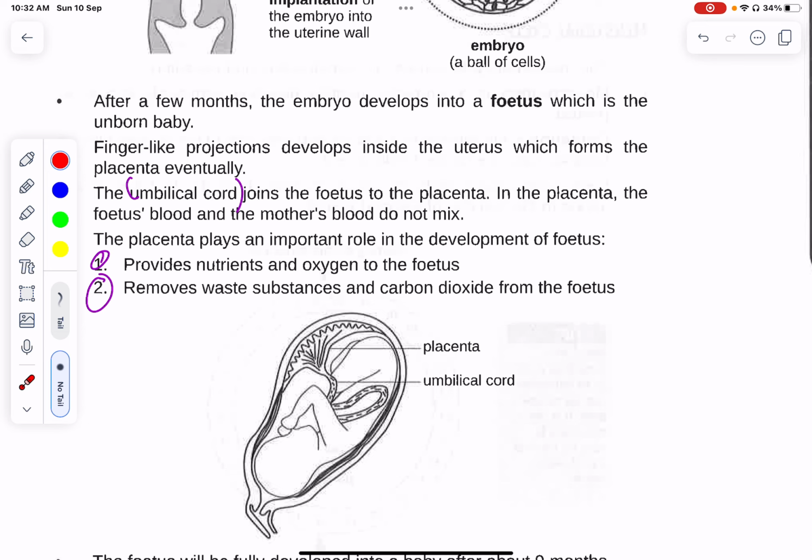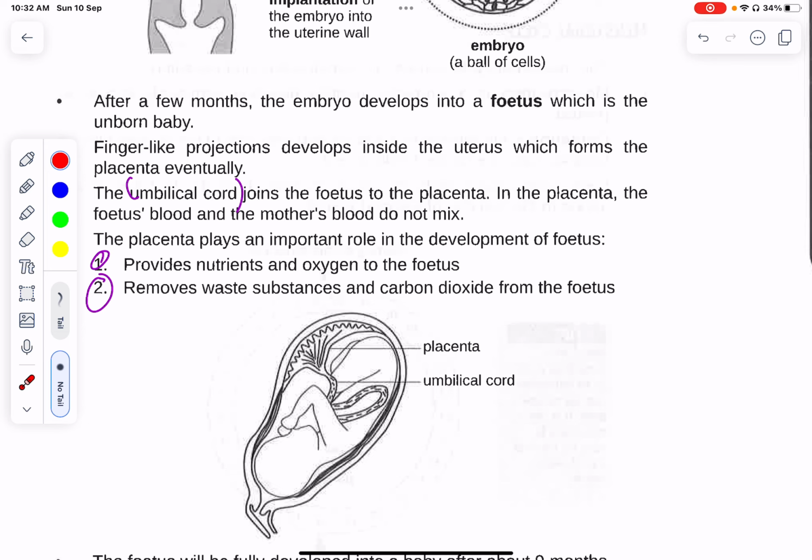Okay, so the placenta plays an important role in the development of the fetus, such that it provides nutrients and oxygen to the fetus, but more importantly, it also removes waste substances and carbon dioxide from the fetus. An example is like we go to the toilet to excrete, but in the child, you are still producing waste.